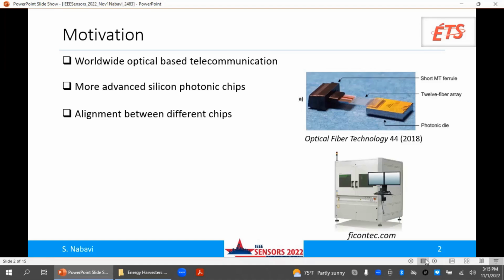Currently, in order to provide the alignment, we use such a bulky machine, which we call pick and place, to align the active chip with the passive chip.